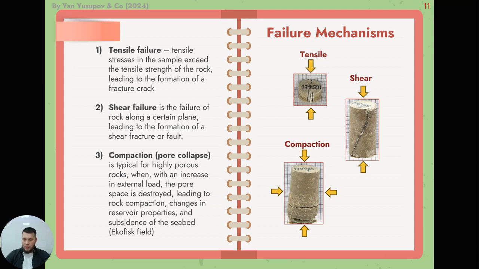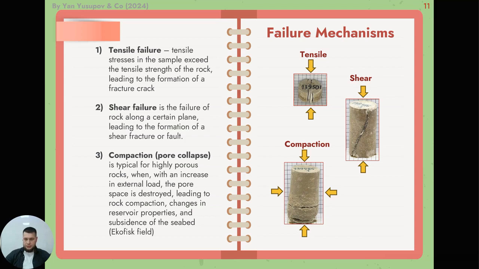Second, shear failure occurs when the shear stress along a certain plane of the specimen is sufficiently high. Eventually, a fractured zone is formed along the fracture plane, and both sides of the fracture plane move relative to each other due to friction, as you can see here on this slide.